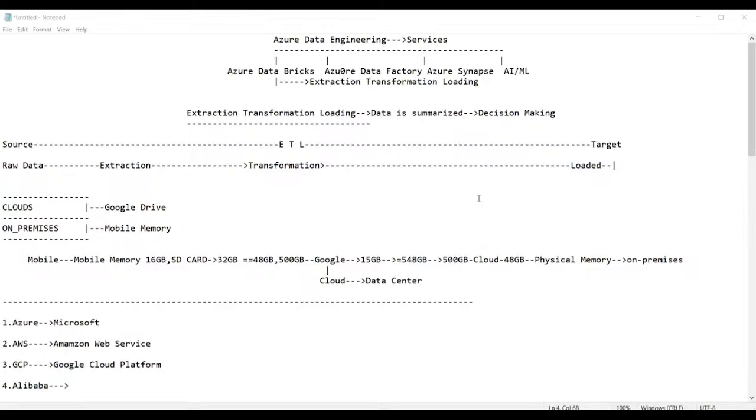Once the data is inserted, picking up the data from there, preparing or moving it into Delta Lake and then performing the visualization, for all this process we are using the ADB only. Okay, got it.